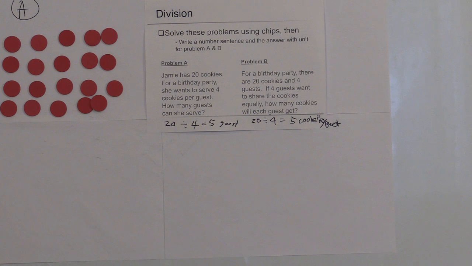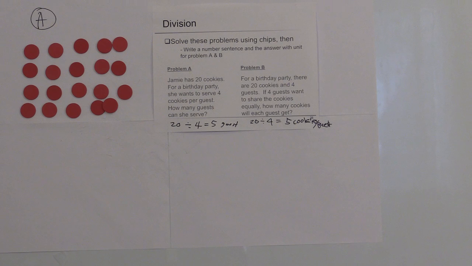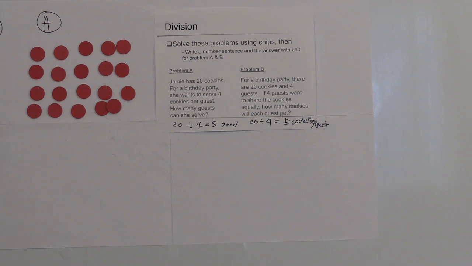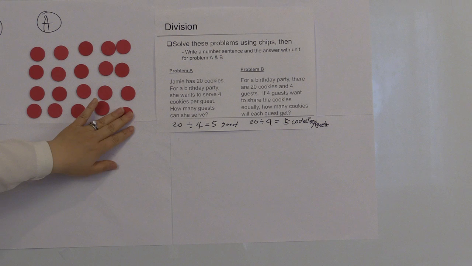So I have 20 cookies here. And how many guests? I want to serve 4 cookies per guest. So I know the number in each group.